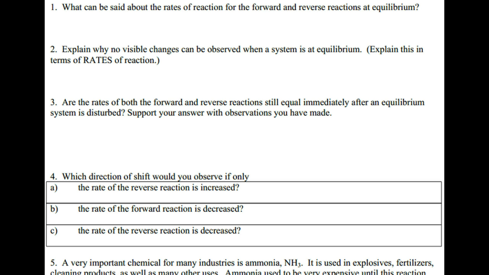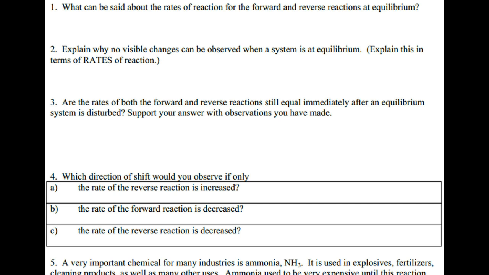For number 2, explain why no visible changes can be observed when a system is at equilibrium, and explain this in terms of rates of reaction. Well, we can explain this in the sense that the change occurs because one or the other side of the reaction itself, either going forward or reverse, is favored, because that's what a reaction is.